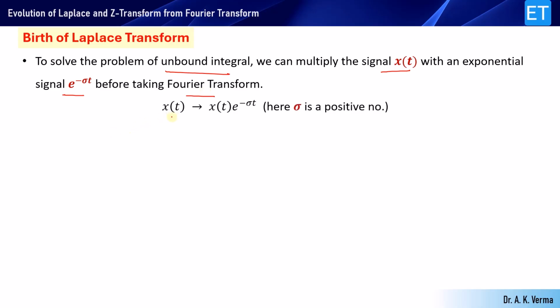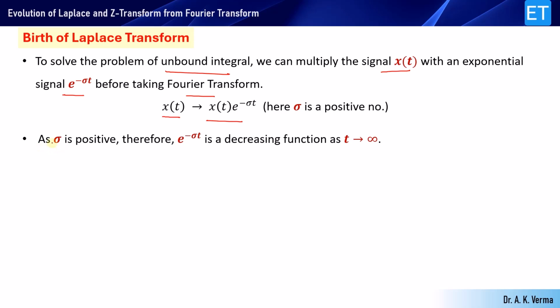So instead of taking x(t), let me take x(t) times e^(-sigma t), where sigma is a positive number. As sigma is positive, e^(-sigma t) is definitely a decreasing function of time as t approaches infinity. We can see in this figure that e^(-sigma t) is decreasing exponentially with time.